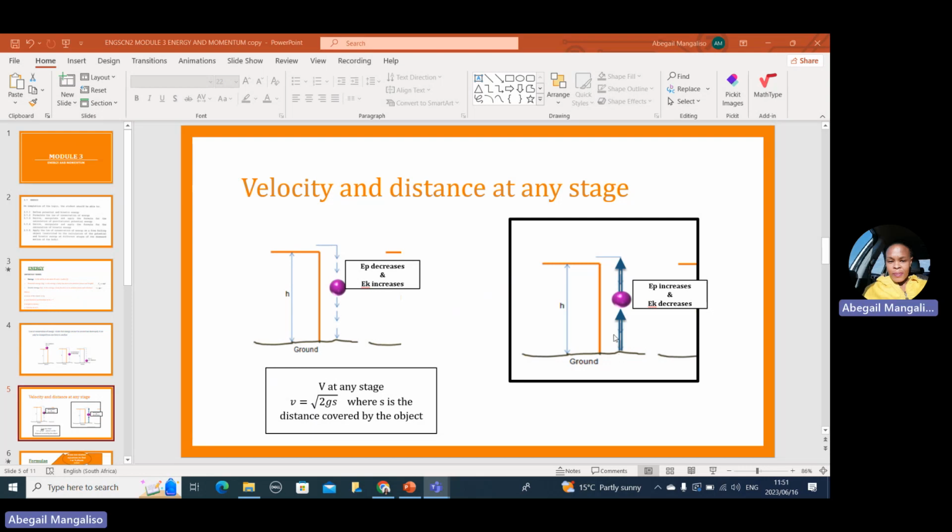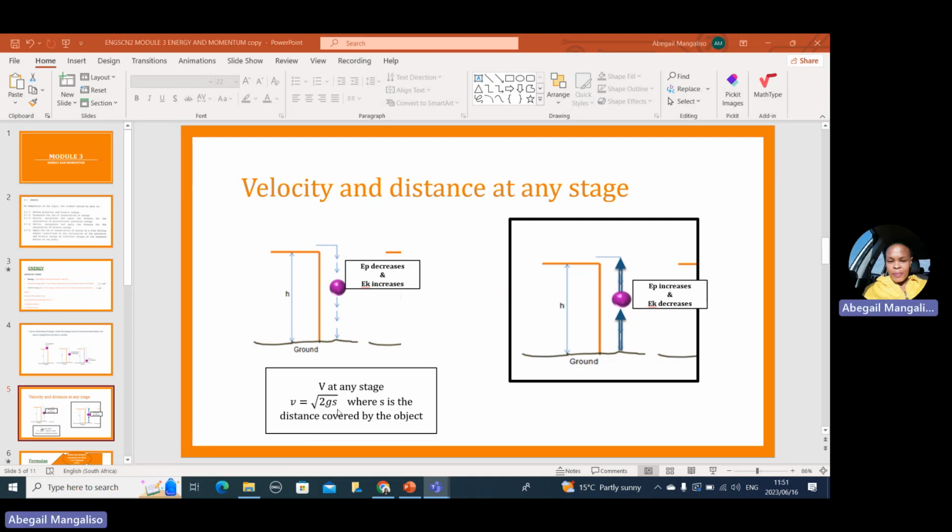The object now is projected vertically upwards. You still use the same formula, but if it's going up, the s or the h there will be the distance covered from the bottom because it's projected upwards. But if it's falling down, the s or the h you're going to use there will be the distance covered from the top.